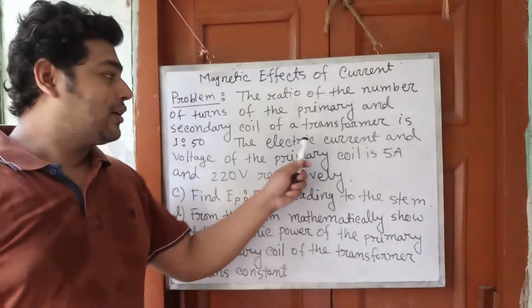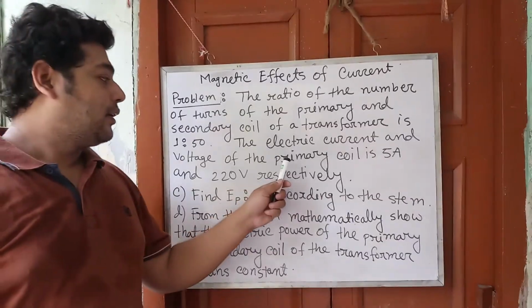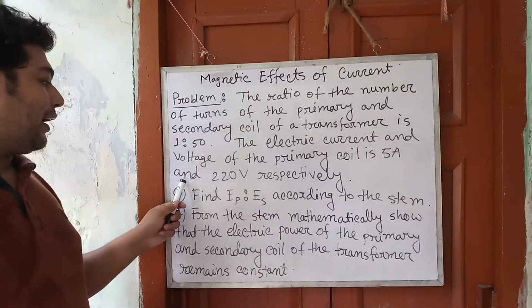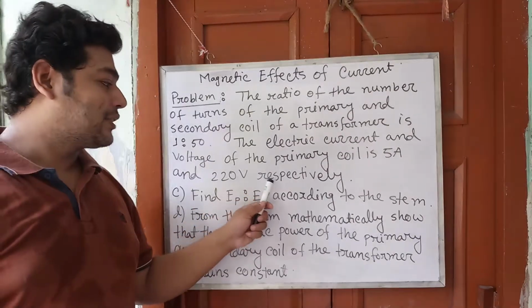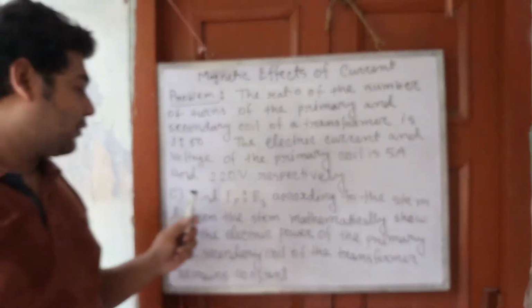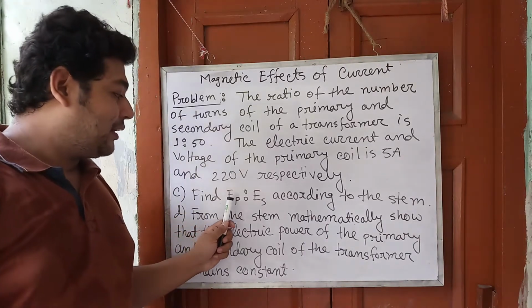The electric current and voltage of the primary coil is 5 ampere and 220 volt respectively.